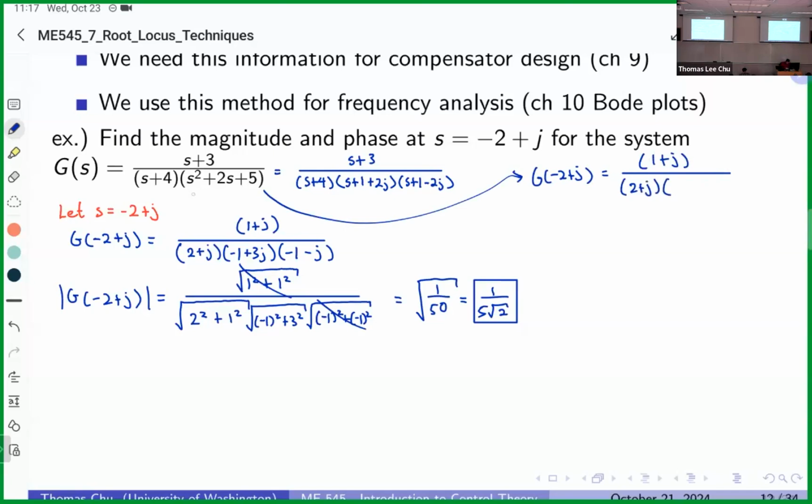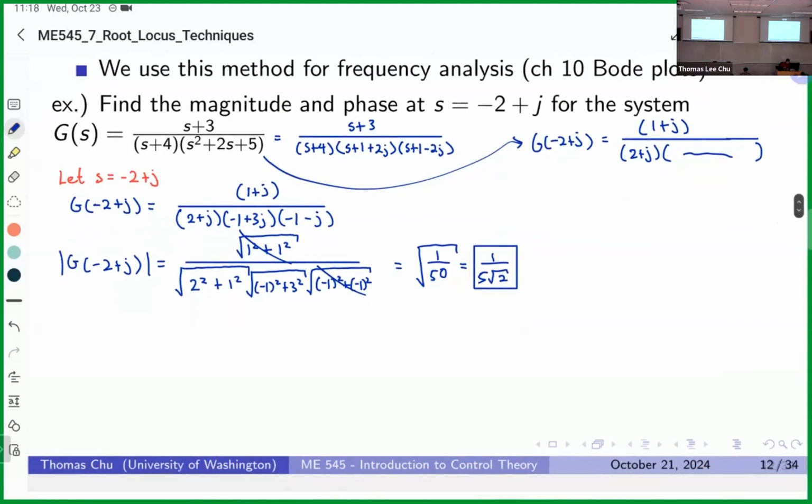You can plug in minus 2 plus j into s squared plus 2 times s plus 5 as well, and just find the magnitude of that. I'm not sure if that will be easier, but if it is, you're welcome to do that. And then you just take the magnitude of that, the magnitude of that, and the magnitude of that. Personal preference.